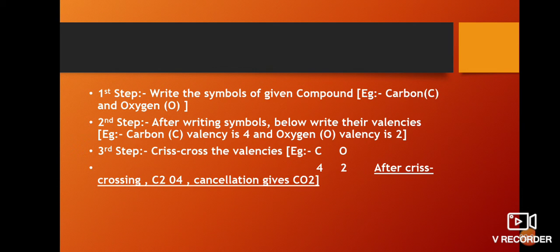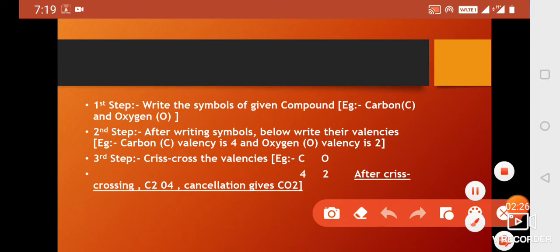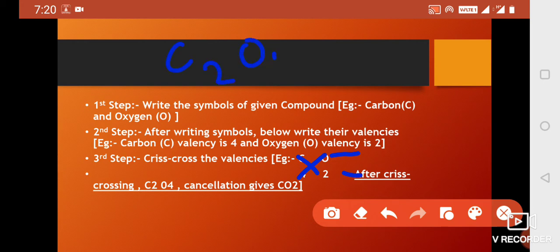Now the third step is to crisscross the valencies. Here we have written the symbols and their valencies, and now we crisscross them. After crisscrossing we get C2O4.